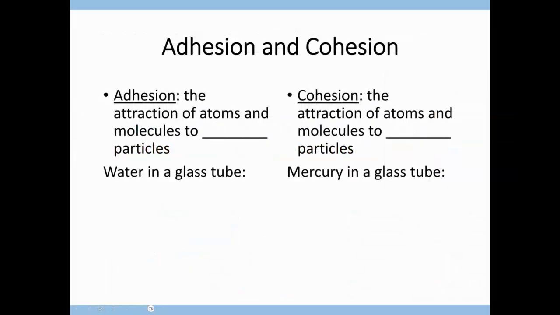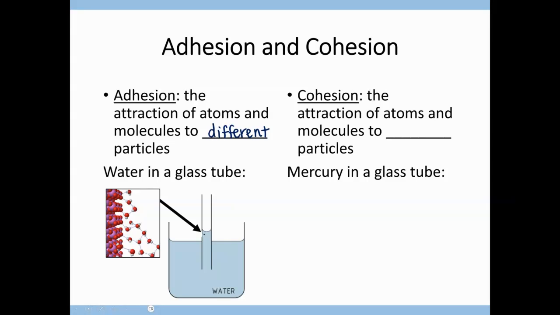Then we have adhesion and cohesion. Adhesion is the attraction of atoms and molecules to different particles. The root of the word adhesion is like adhesive. They're not really sticking, but they're attracted to different molecules. So take water in a glass tube.